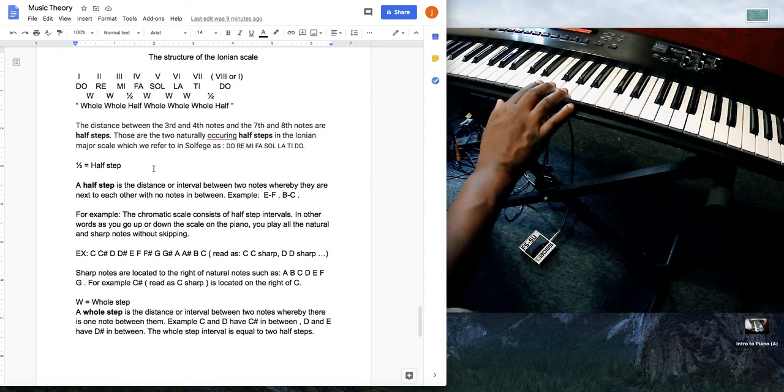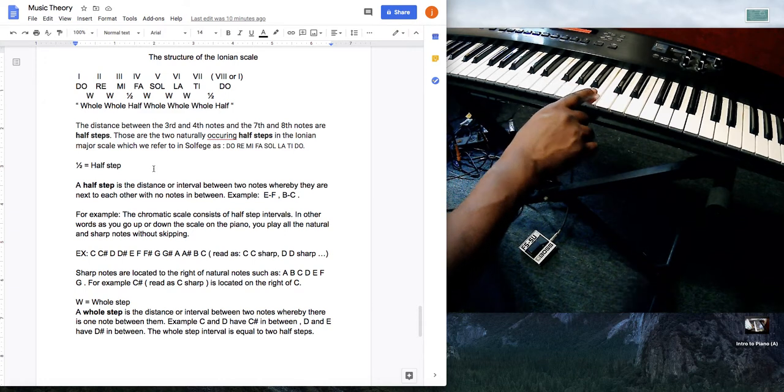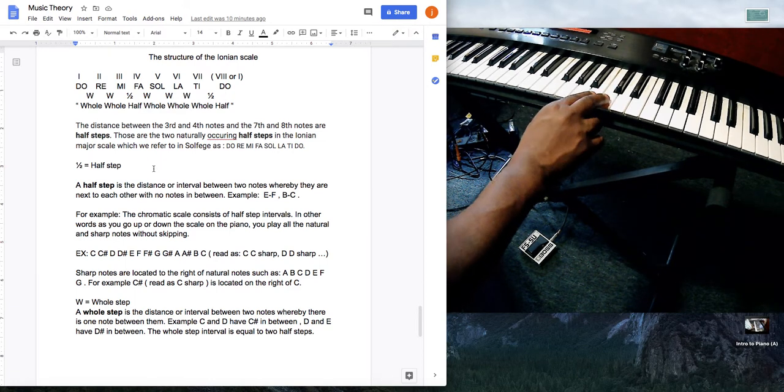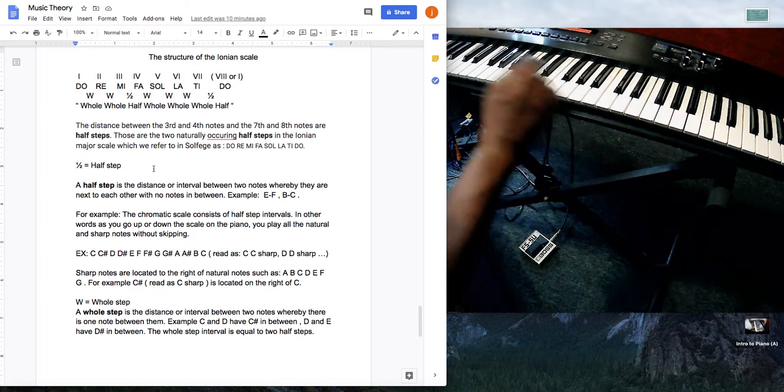And so you would say there's a naturally occurring half step interval. And if you go between B and C, you'll also see that there are no notes in between those two notes.